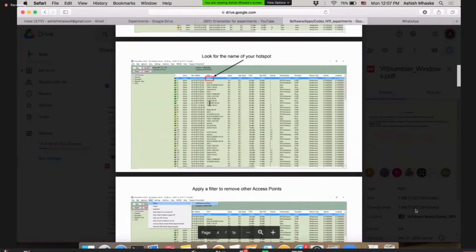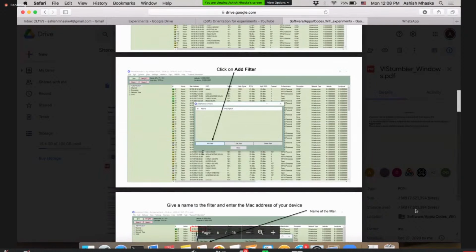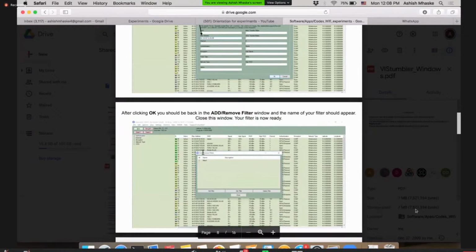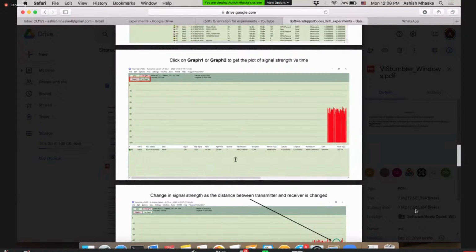The procedure to do that is given in the documents. So you can filter out all the other unnecessary channels and just look at the data from the mobile phone.